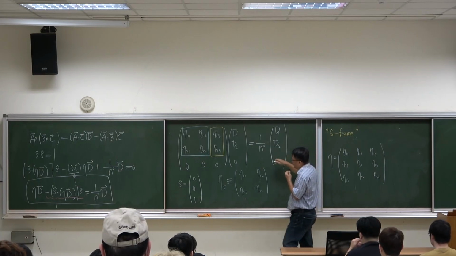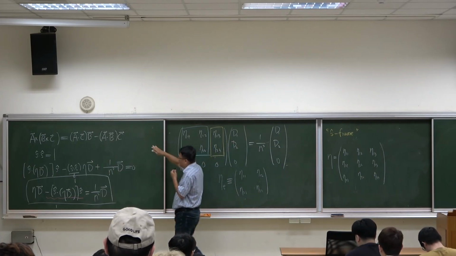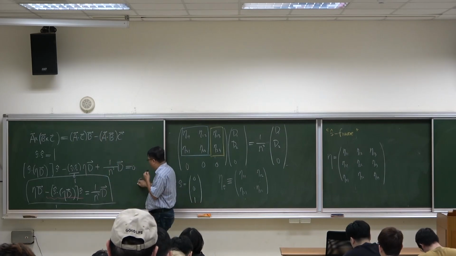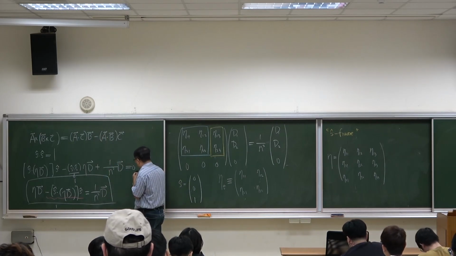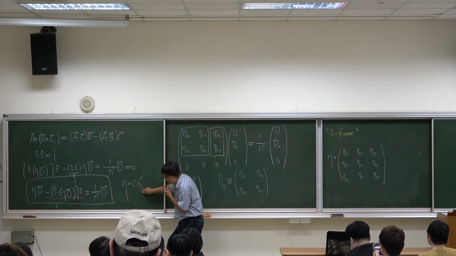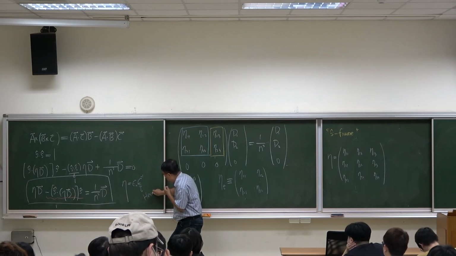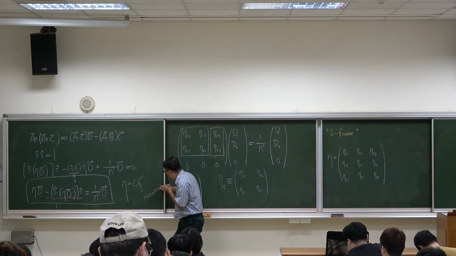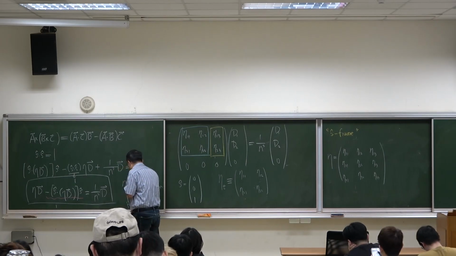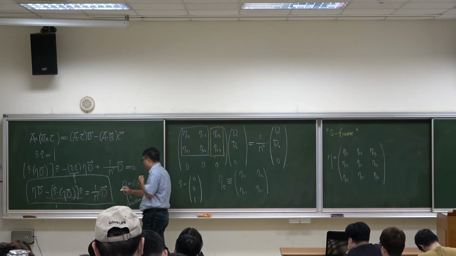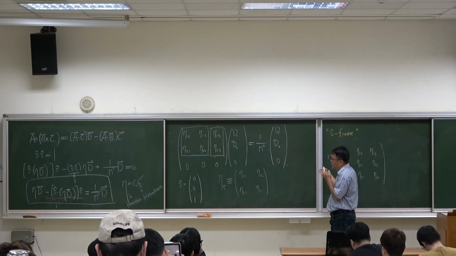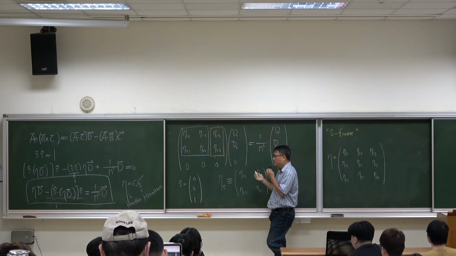And since eta matrix is the inverse of epsilon matrix times the constant, and the epsilon matrix is Hermitian, so eta is also Hermitian matrix. Hermitian real matrix is just a symmetric real matrix.